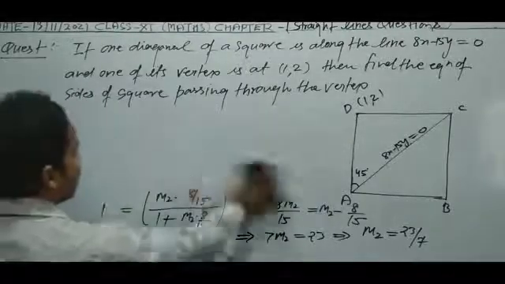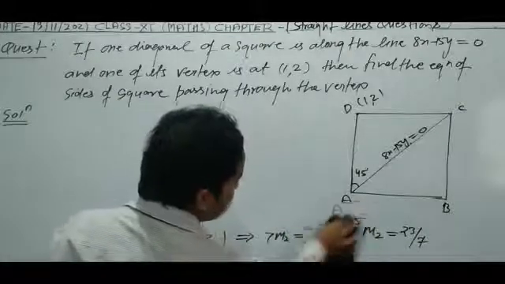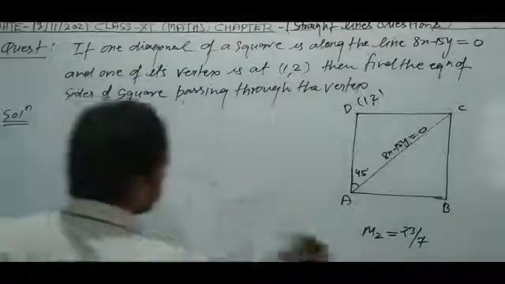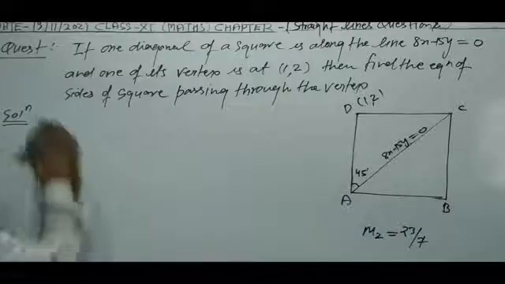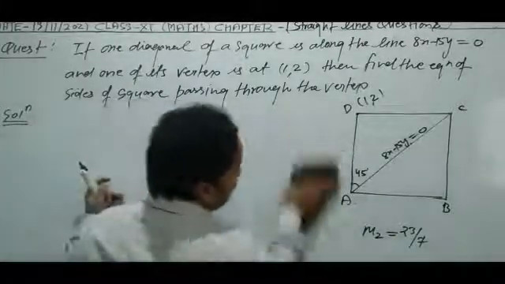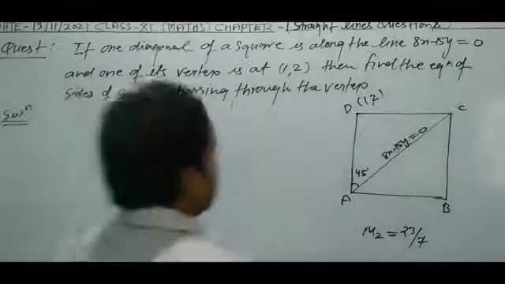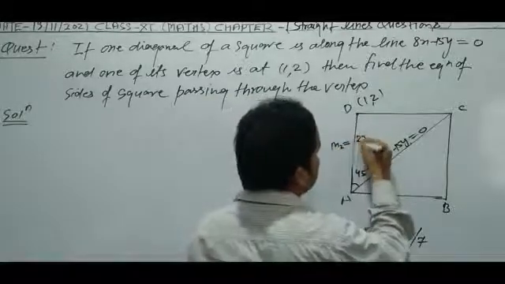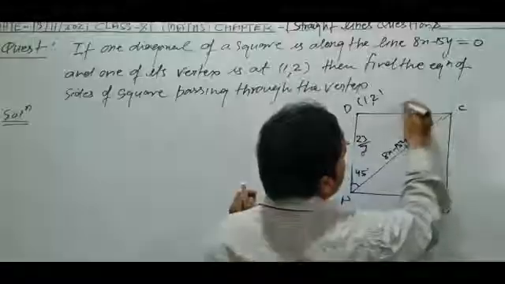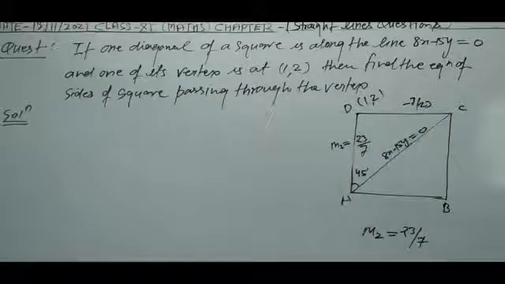Now you will see, if slope of line AD means m2 is equal to 23/7, then the slope of line DC will be minus 7/23, because their product is -1.